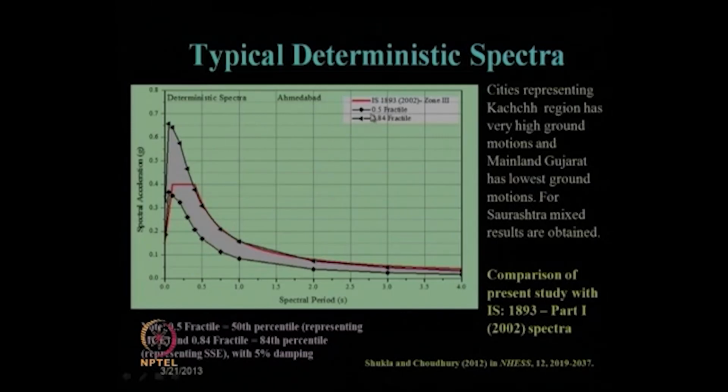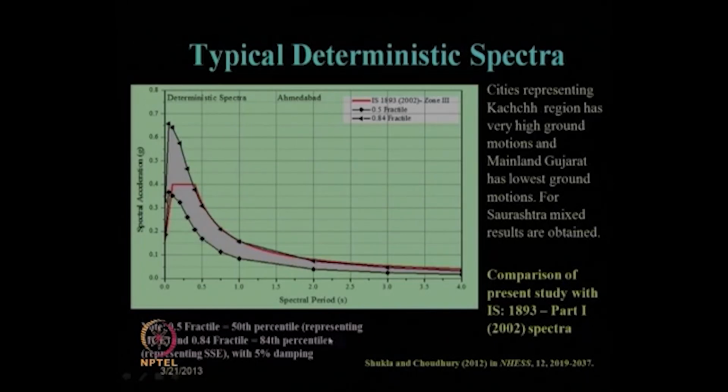One is for 0.5 fractile, these black dots, and the black triangles are 0.84 fractile. Let me explain what these fractiles mean. The 0.5 fractile means 50th percentile.